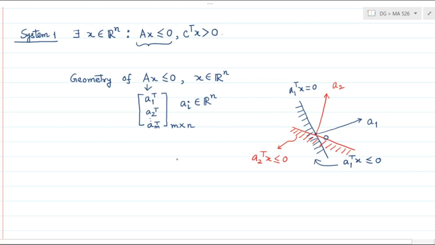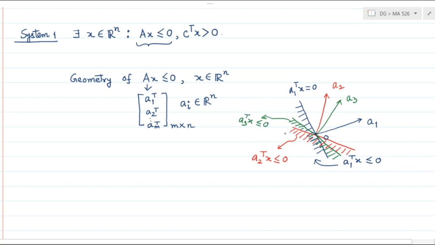Now if you have another vector A3, say A3 is over here, then A3 transpose x equals 0, perpendicular to A3, is this one, and this green shaded region is your A3 transpose x less than or equal to 0.